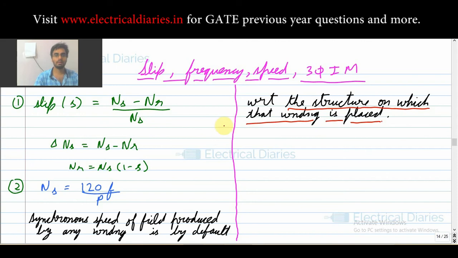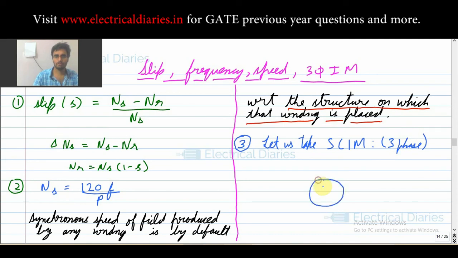Now let us take a simple squirrel cage induction motor, SCIM. It is a three-phase machine. What is the specialty of the squirrel cage induction motor? I will explain in a small way.